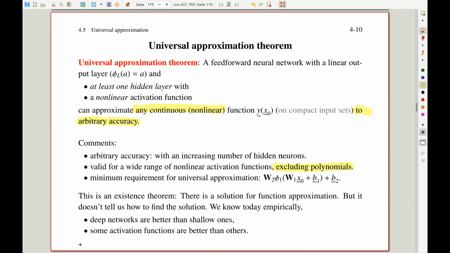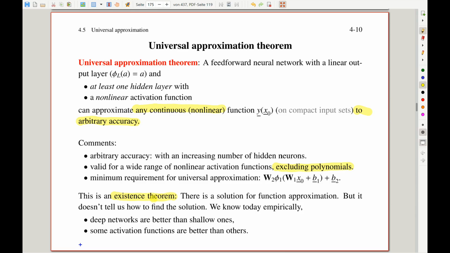So it's a very impressive result, but this theorem is also sometimes misleading because the statement of the theorem is both strong and weak. Strong means universal approximation. Weak means it just tells us, I can guarantee you there is a solution.